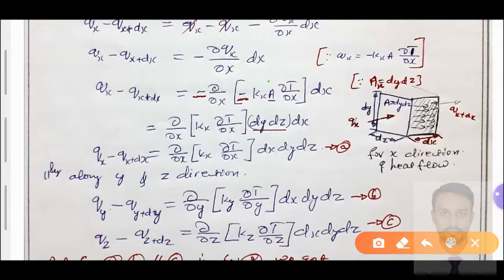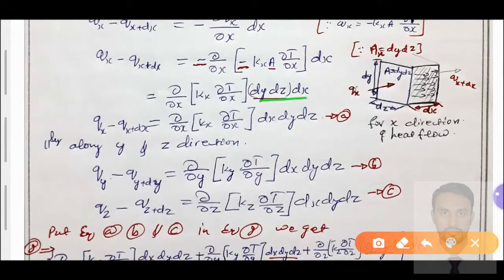Now the cross-sectional area A along the x direction is dy times dz. I have taken dy dz here and then rearranged. The equation becomes d by dx of kx dT by dx, dx dy dz. All the values we got, call it equation number A.